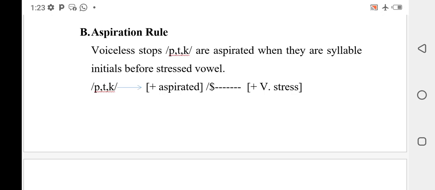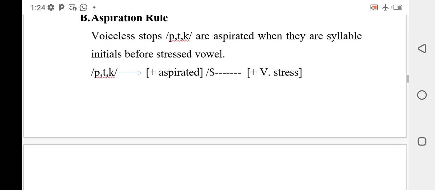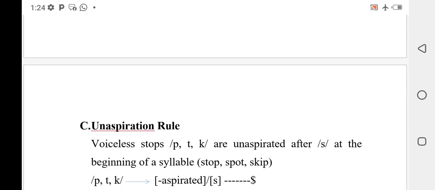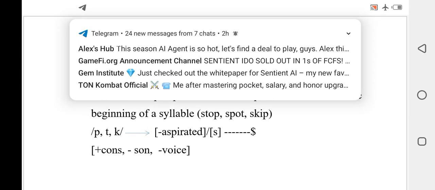You know that the V is for vowel, right? Then you have stress plus V, that is a vowel that is stressed. So voiceless stops become aspirated when they are at the syllable initial position followed by a stressed vowel.